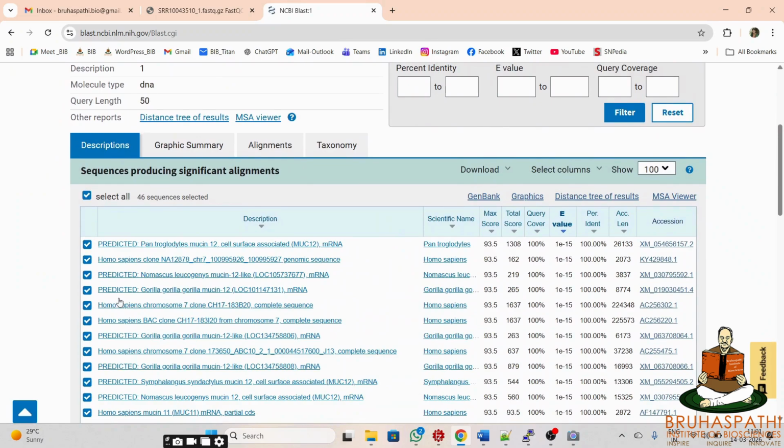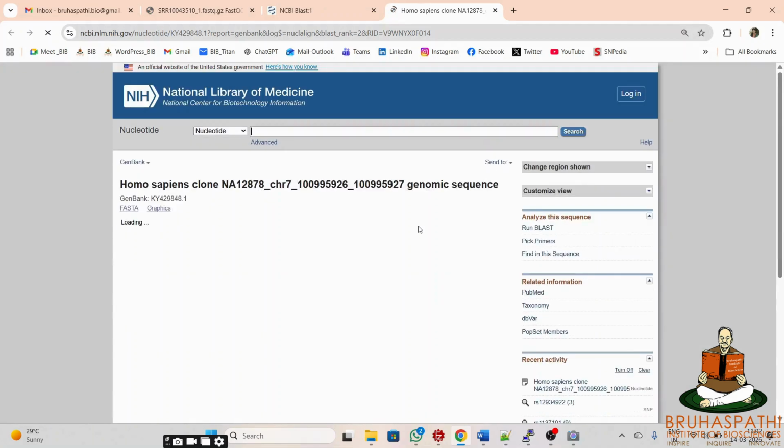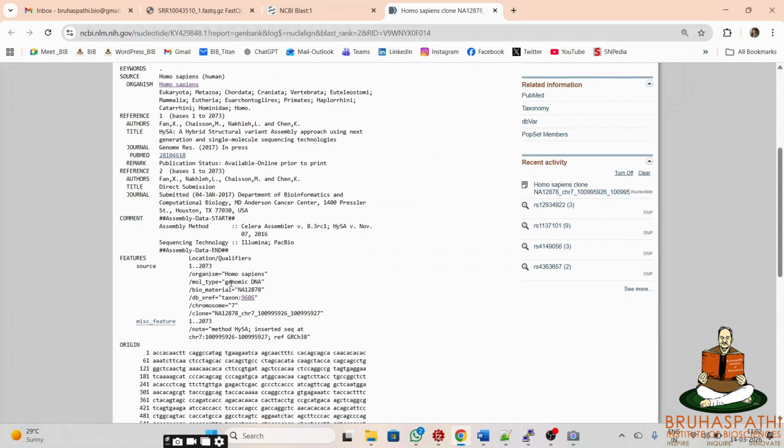Yeah, we are interested in humans. It's something from chromosome 7. Let's check what it's matching to. It's matching to some genomic DNA which has no name.